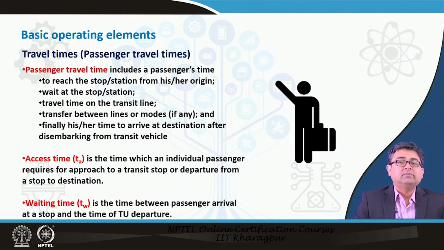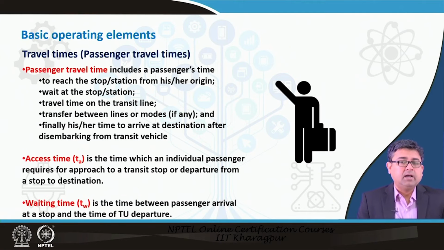And the last element is, once you get off the transit line, you have to go to your final destination. You have to access your final destination. That may be very close to the stop, or a little bit farther away, but it may take some time. So, that time also has to be included. So, you see, when we talk about passenger travel time, it is not only the travel time on the transit line, but there are other elements associated with it as well.